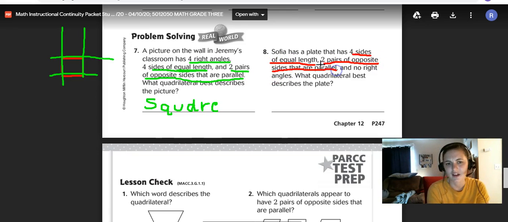So far, everything that our square had. But it has no right angles. So you have to go back and look and see what shape had 4 equal sides, 2 pairs of opposite sides that are parallel, and no right angles. Go back and check, see which one that is. I'll give that one B on your own.